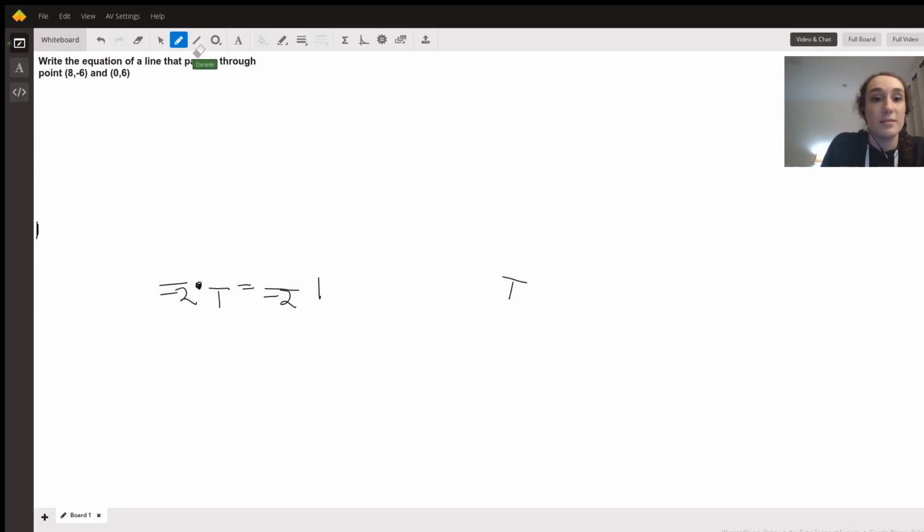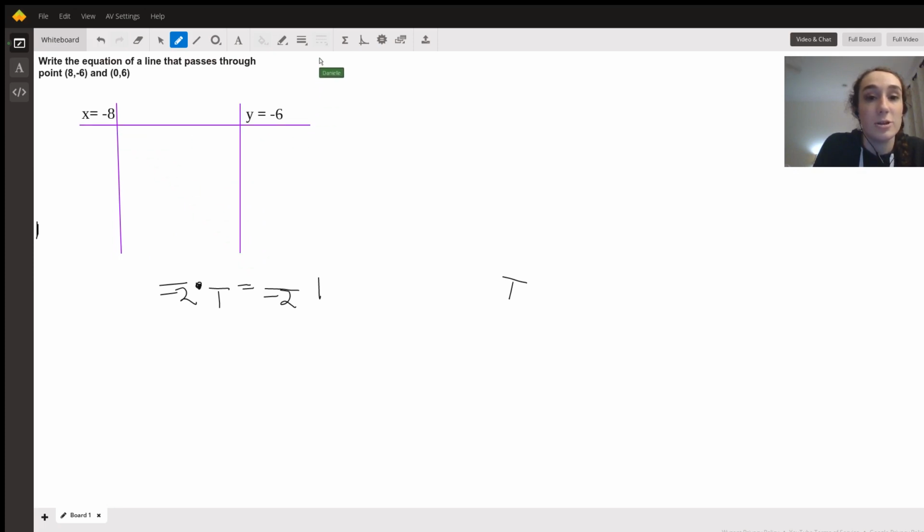If my x is equal to negative 8, then I know that if the equation of this line is correct, my y should be equal to negative 6. If I put this 8 into my equation of the line, it should come out as that.